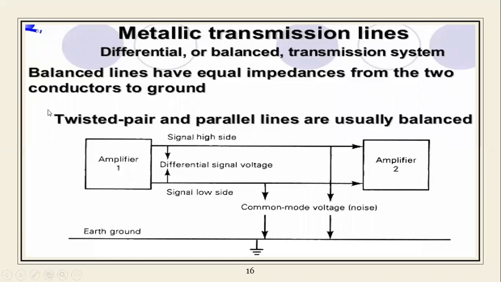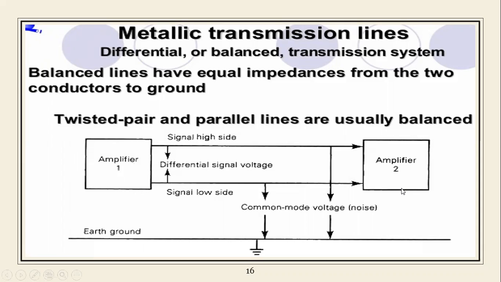So in this, if you're talking again about the transmission lines, whether it's metallic or other, we should know the differential form, we should know the balancing form, whether they are equivalent or not, how they are twisted, and how they are placed in parallel in the balanced mode. So here will be one amplifier, and the other will be on the other side, from the source to the destination sites.